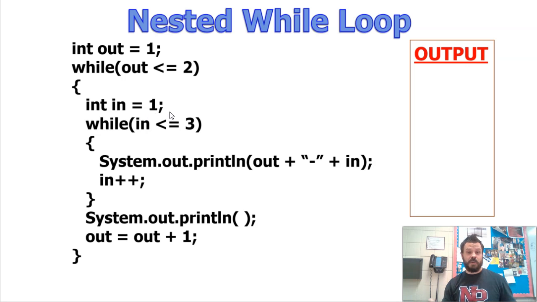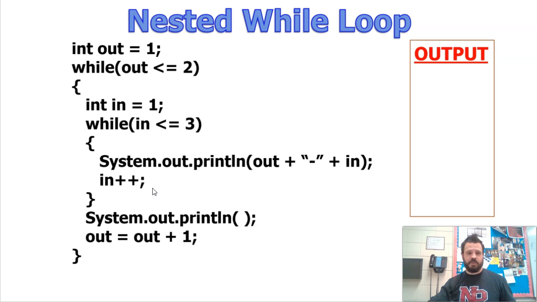Now that is going to get reset to 1 every time we come back through the outer loop. This loop's going to run while in is less than or equal to 3. It's going to print out with a dash and in, and then count in up by 1 every time. So every time the outer loop runs once, the inner loop will run from 1 to 3, 3 times.